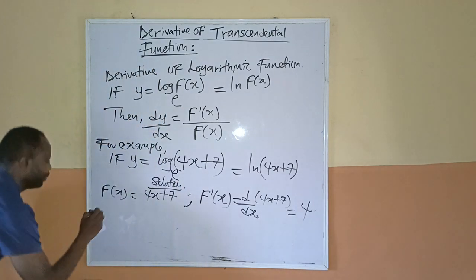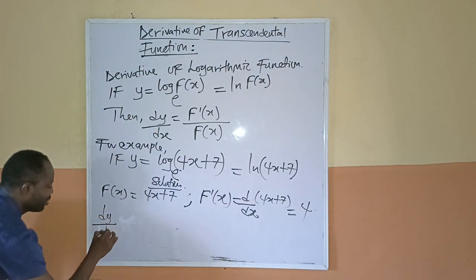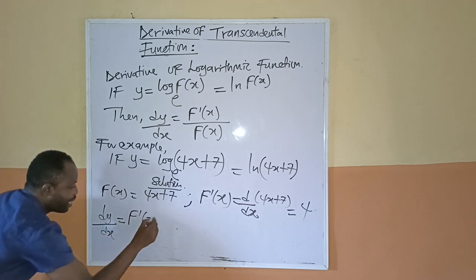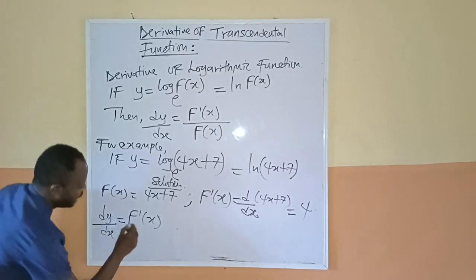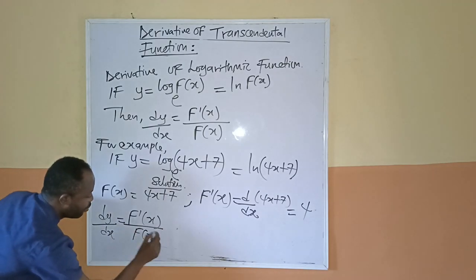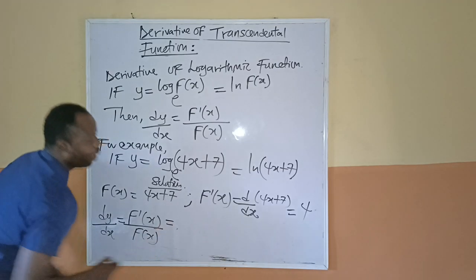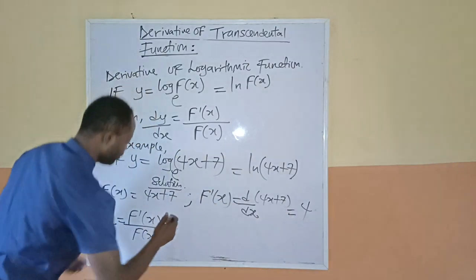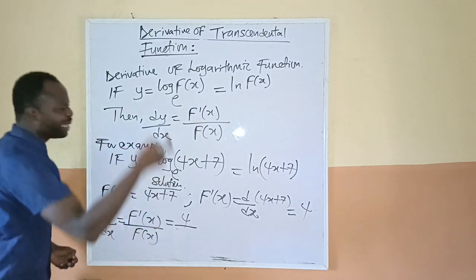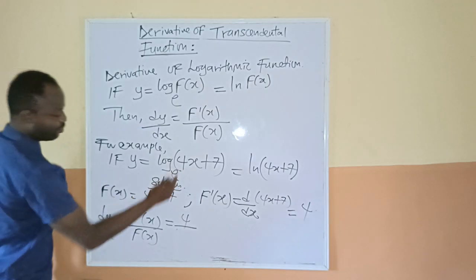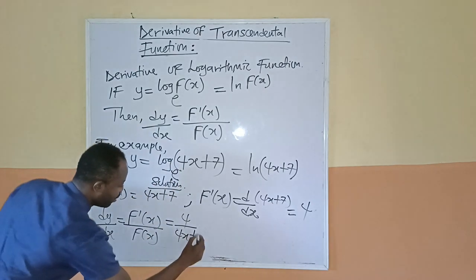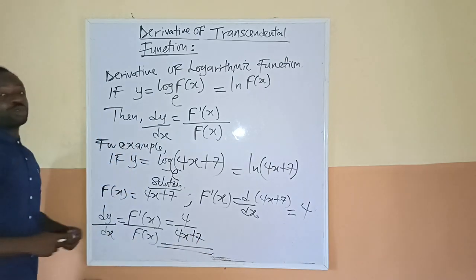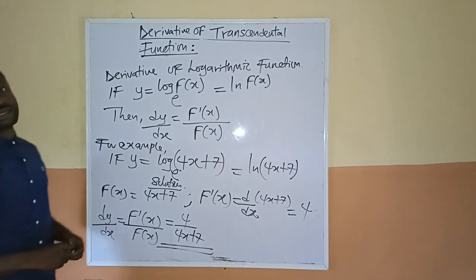So my dy/dx is f prime x divided by f of x. My f prime x is 4, divided by the function itself, 4x plus 7. And that is my final answer. Please quickly jot it down as we move to the next example.